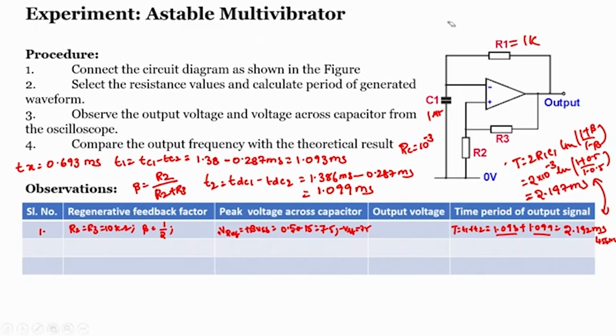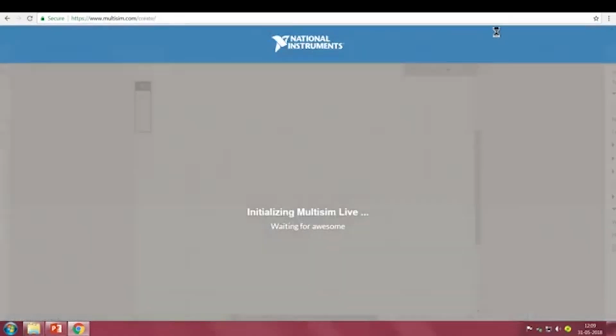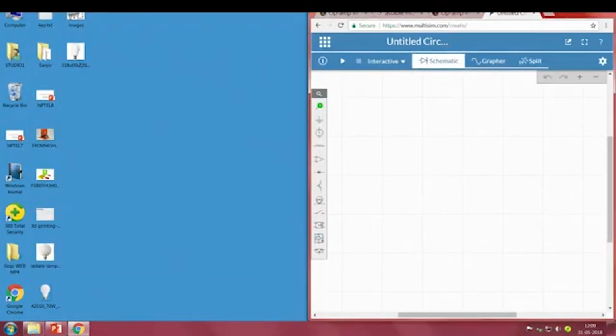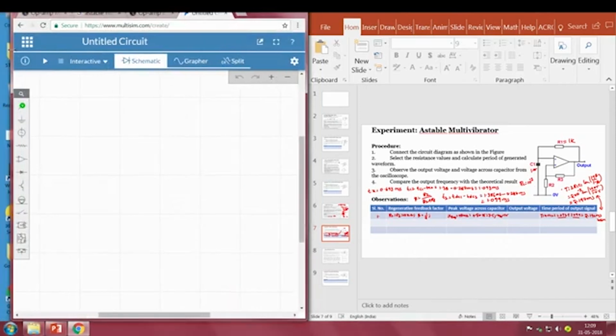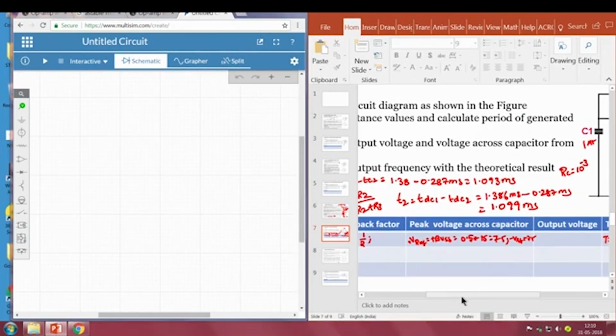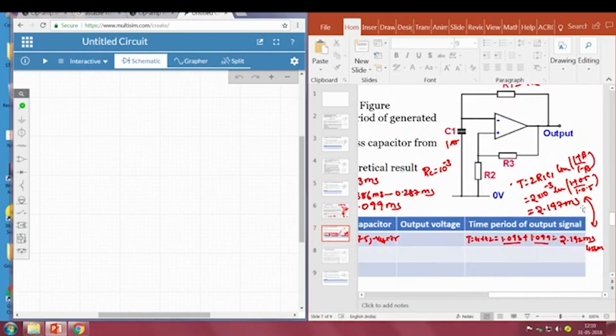Now just go to our simulation in Multisim Live. Let me create a circuit. As we have already seen how to create a circuit in our older lectures, in our previous sessions, we will not see about that now, but we have to create this circuit. So this is our circuit, right.